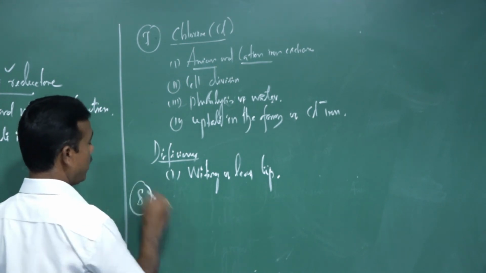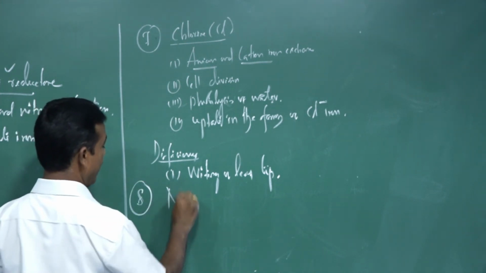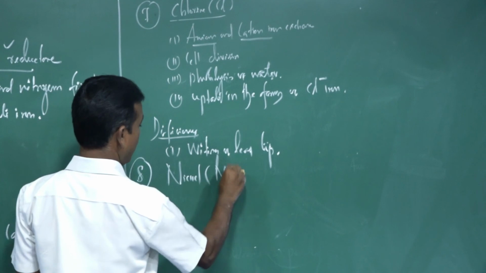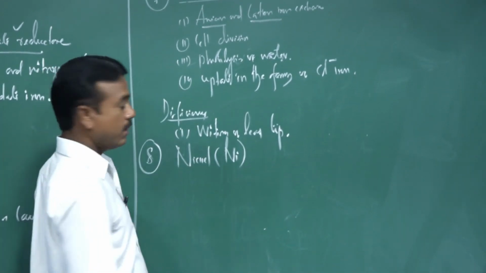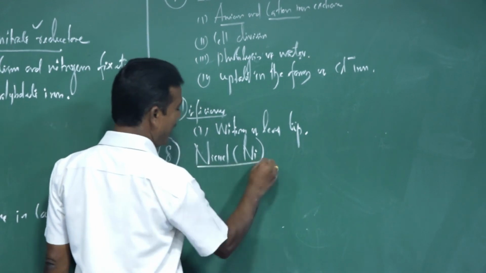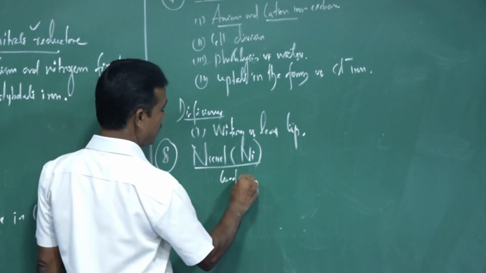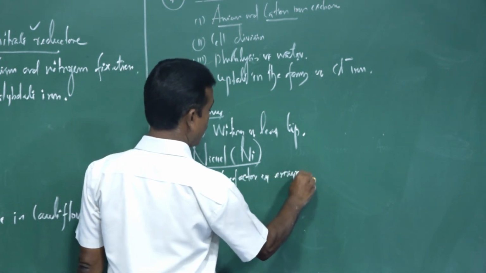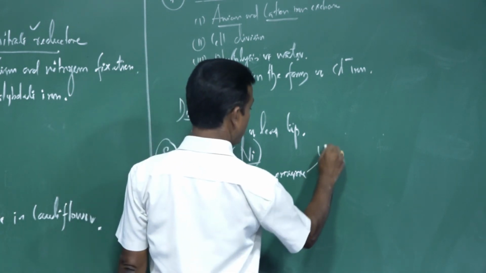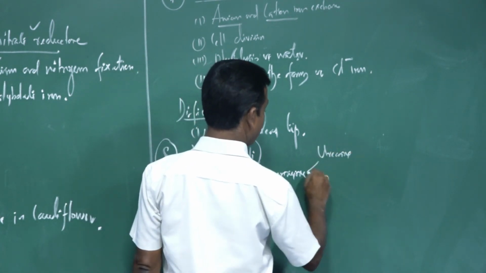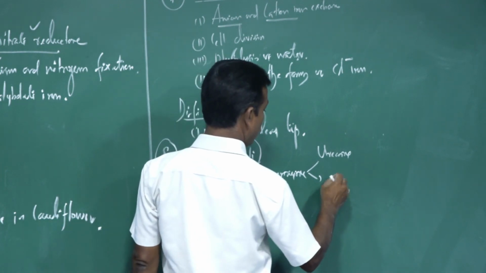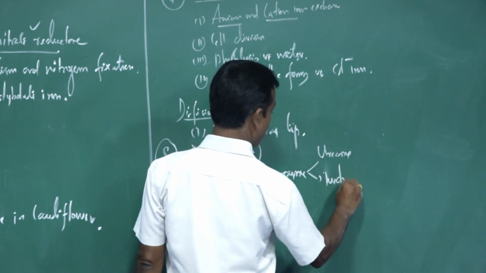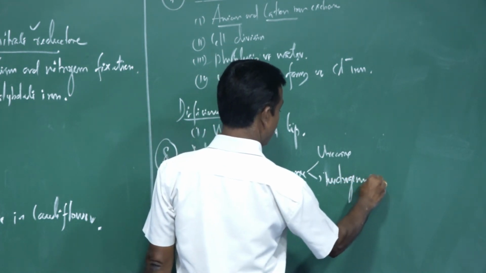The eighth one is nickel. Symbol Ni. It acts as a cofactor of enzymes, commonly urease and hydrogenase.